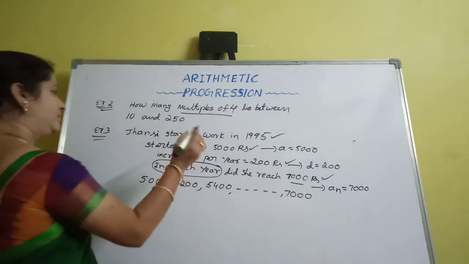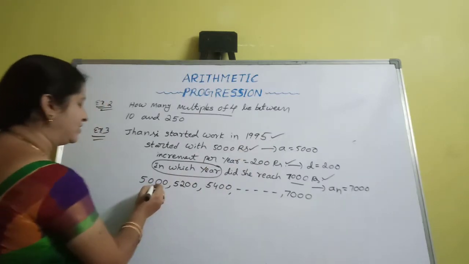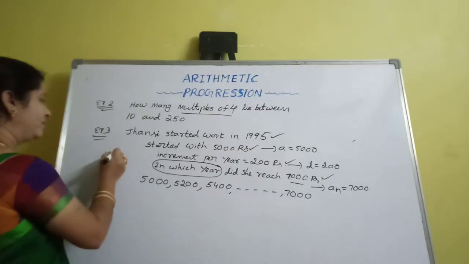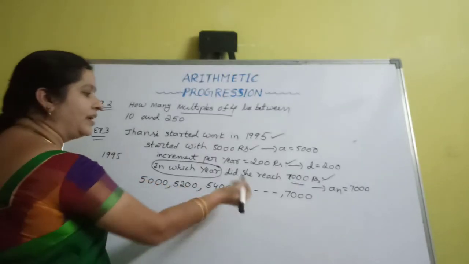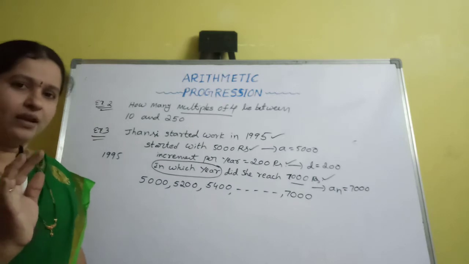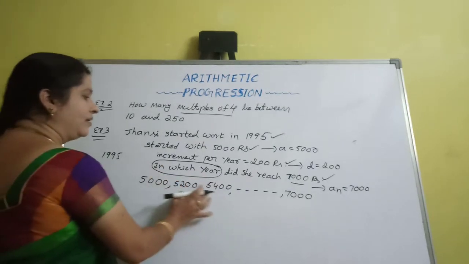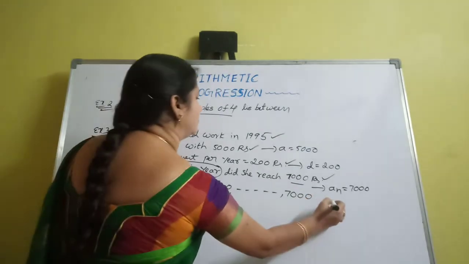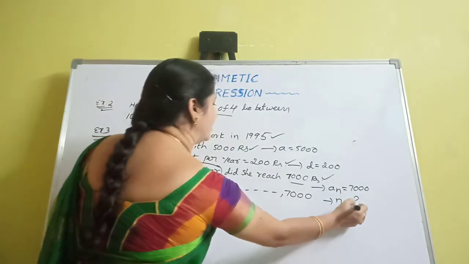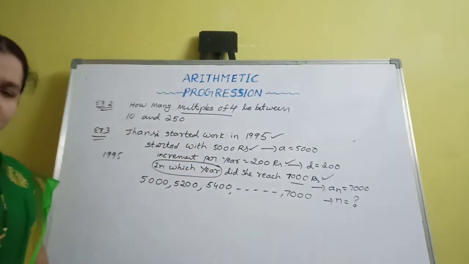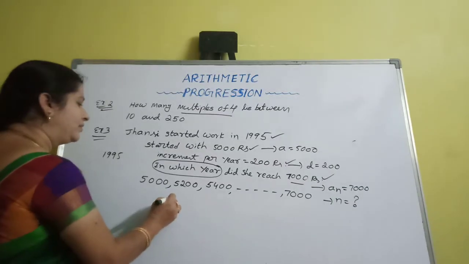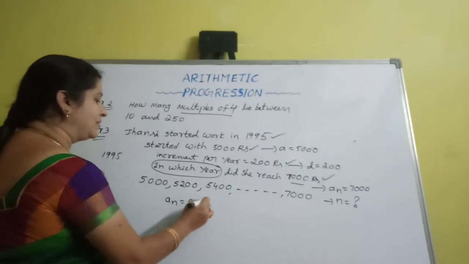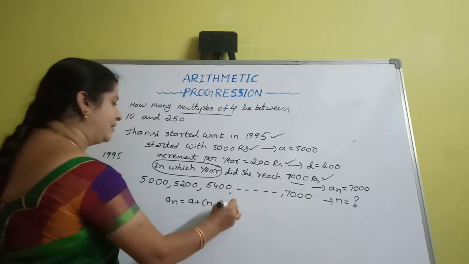So the starting year is 1995. How many terms are there in this series? First you have to find how many terms there are in this series. So you have to find the n value first. By using the same formula, nth term an equal to a plus n minus 1 into d.